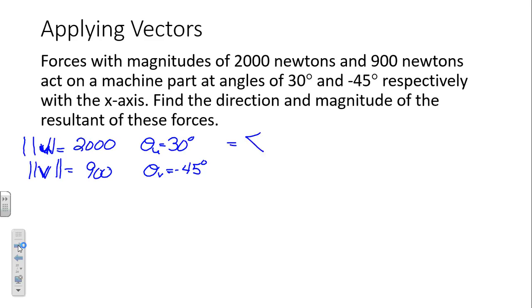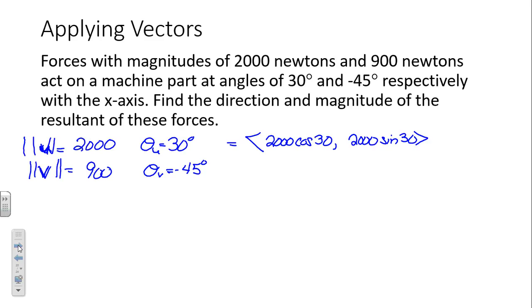We'll have 2,000 cosine 30 and 2,000 sine 30. So what's the cosine of 30? And what's the sine of 30?